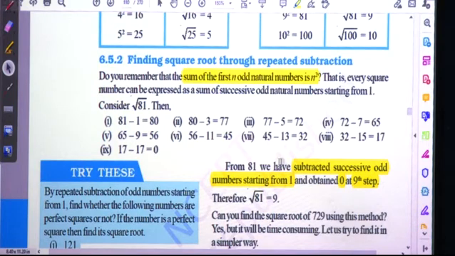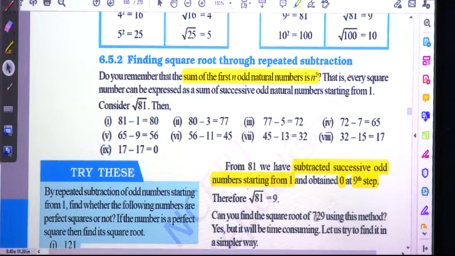At the 9th step, here you can see 1, 2, 3, 4, 5, 6, 7, 8, 9. 17 is the 9th odd number, and therefore square root of 81 is equal to 9.